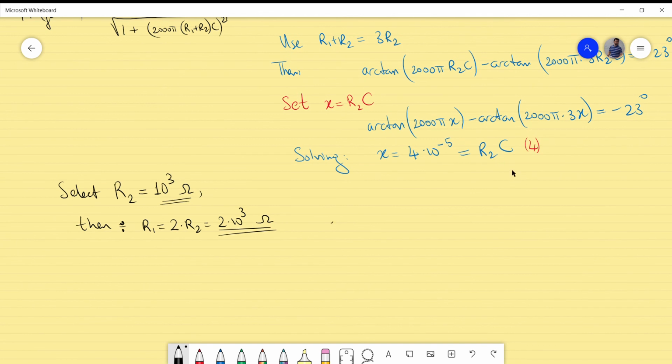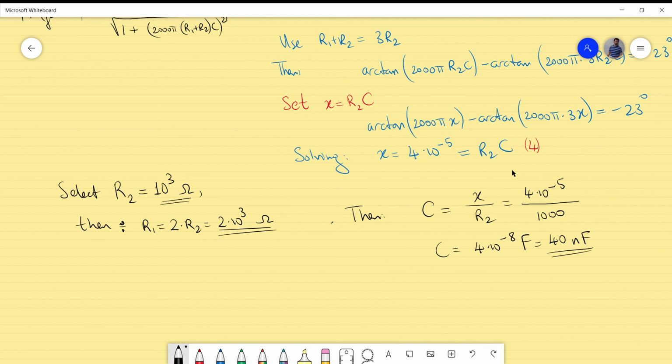And using this expression, I can now calculate the capacitor. So the capacitor C is equal to x divided by R2. I know x, which is 4 times 10 to the power minus 5, divided by R2, which is now 1000, just selected that value. This will result in C equal to 4 times 10 to the power minus 8 farads, or if you want to write it in nanofarads, it will be 40 nanofarads.